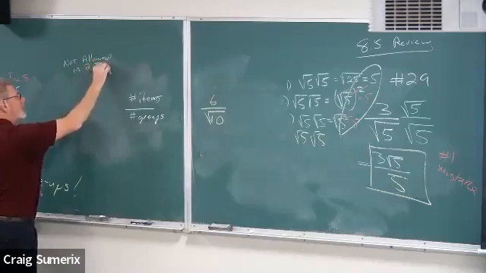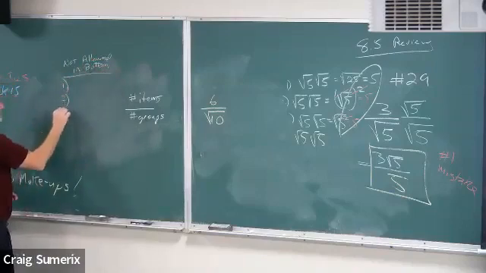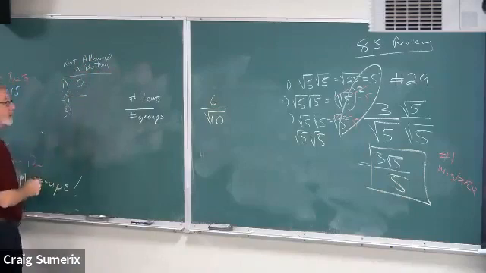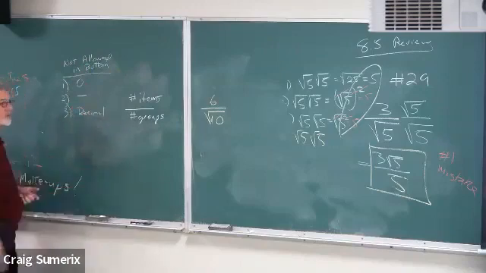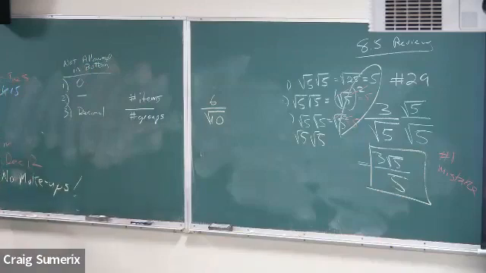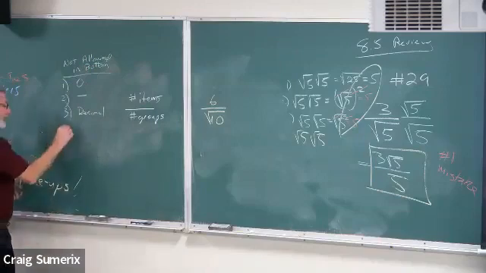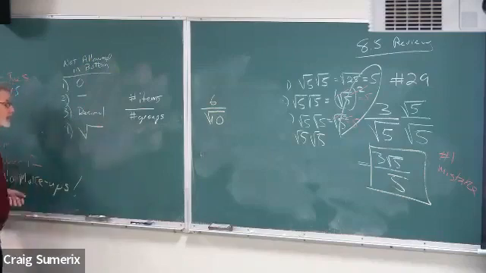What were they? Anybody? 0. Good. What else? Negative. What else? One we probably didn't talk about much, but you can't have decimals in the bottom of a fraction, because how do you divide something into 0.4 parts? And then 4, any kind of radical.